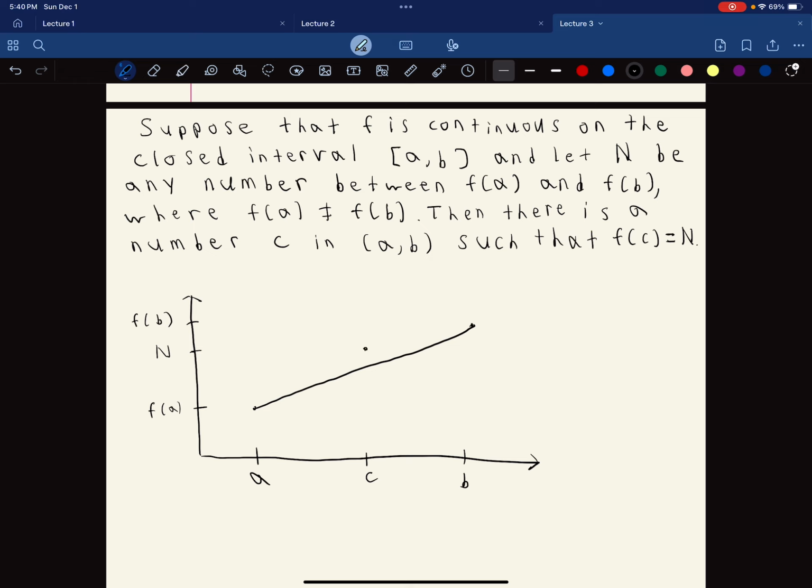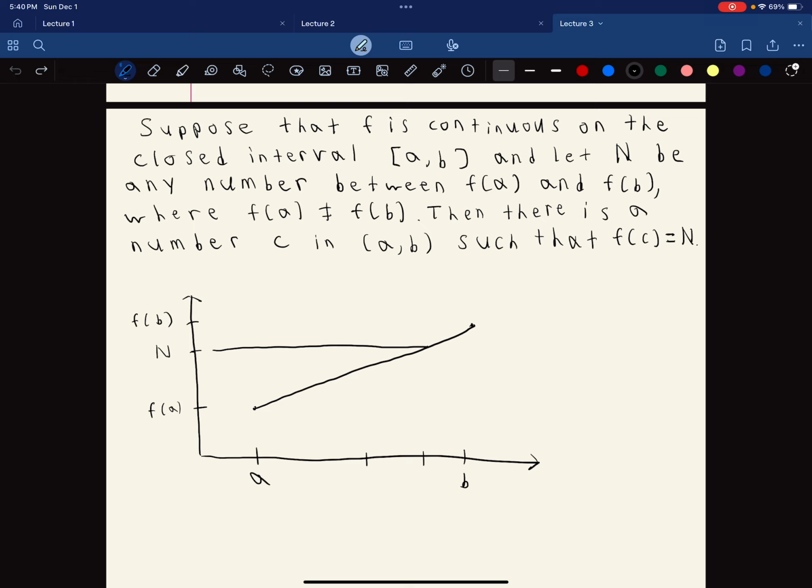How is it on the line? Well, it's because c doesn't have to be here. It just has to be between a and b. So if we draw a straight line, it's about there, let's say. We can draw c here. And as you can see, c is still between the interval a and b, and f(c) is equal to the number n.